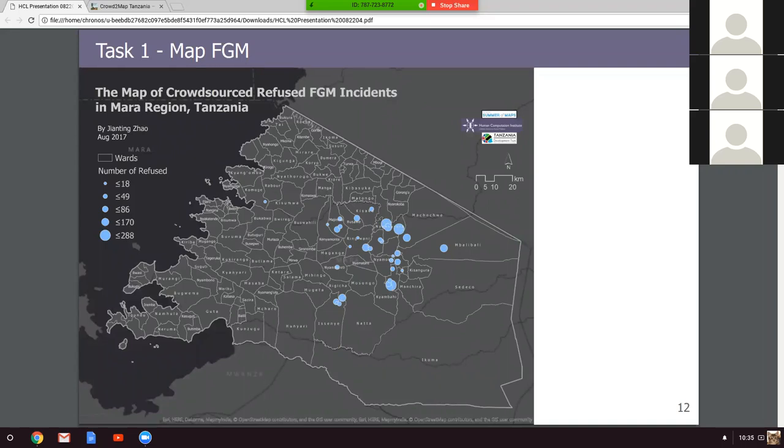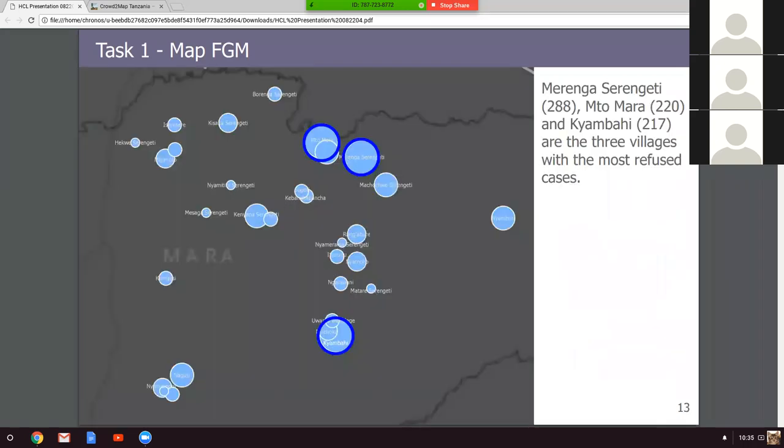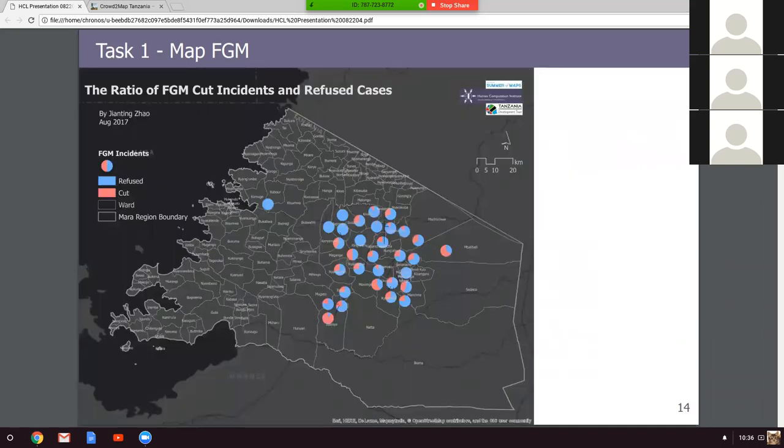Now let's look at the refused incidents. Similarly, the larger circle means more refused cases. The three villages that had the most refused cases are Mirenga Serengeti, Ntomara, and Kiambaki. And you may wonder how the cut and refused cases compare.